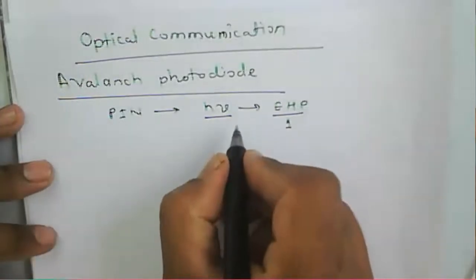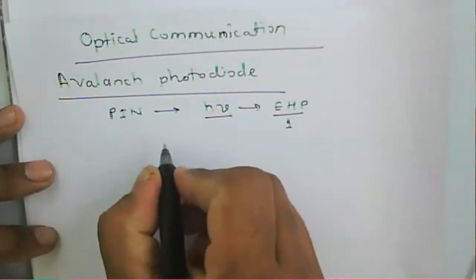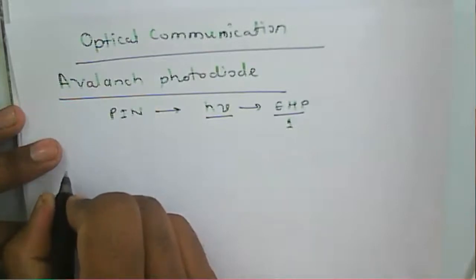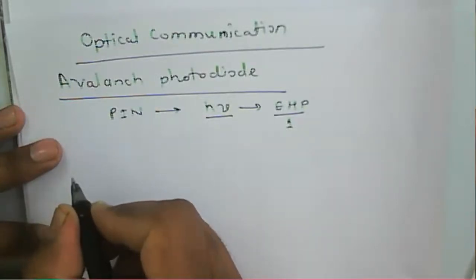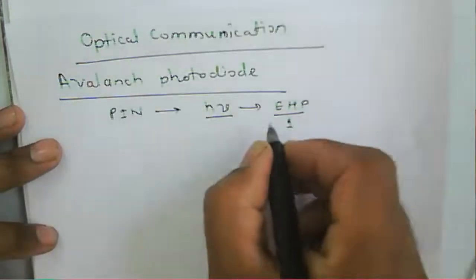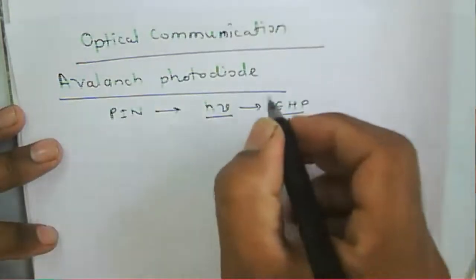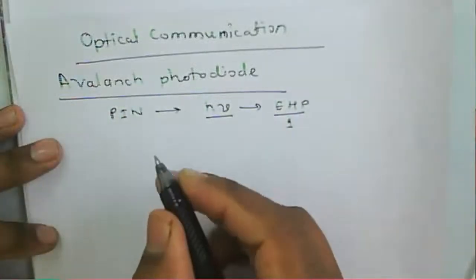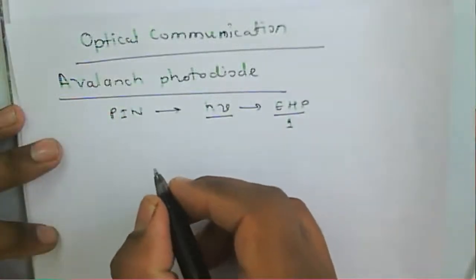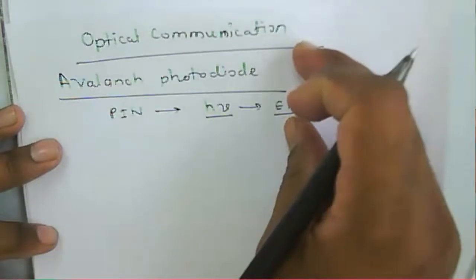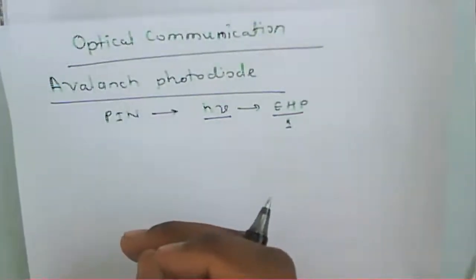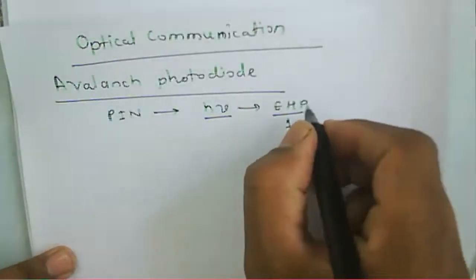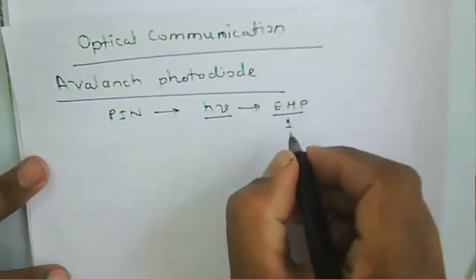And because of this, the efficiency of a PIN diode is very low. The efficiency is nothing but the quantum efficiency of the given diode, and it will be very low, because that efficiency is nothing but the number of electron-hole pairs generated based on the incident photons.